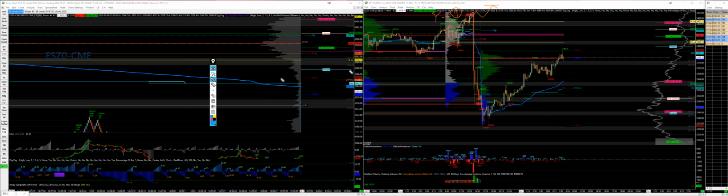So today my scenario 1 is we open on top of the overnight VPOC, very close to the overnight high.